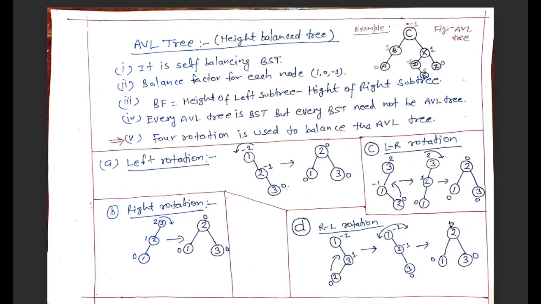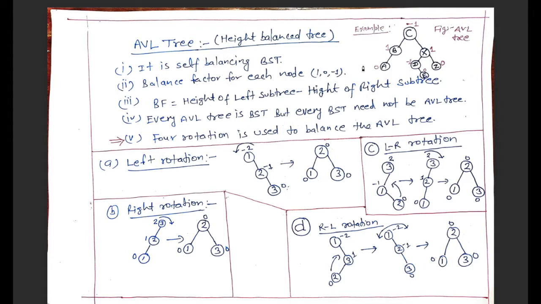So you have to remember, when you are going to insert the elements into the AVL tree, first during the insertion you have to follow the property of the BST. What is the property of the BST? All the values in the left subtree should be less than the root node, and all the values in the right subtree should be greater than the root node.